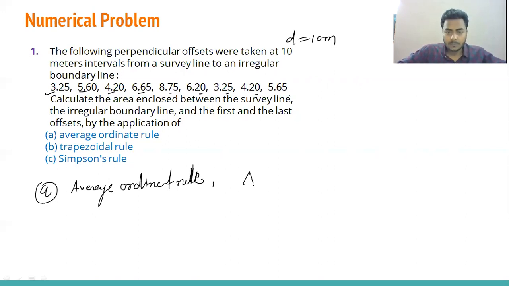We have the formula for the area by the average ordinate rule: summation of ordinates into L divided by n plus 1, right?